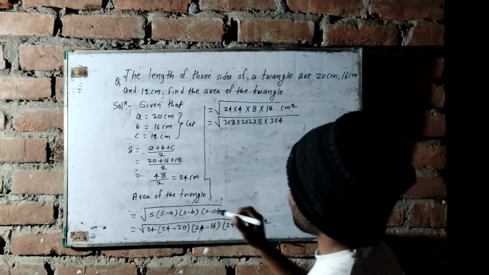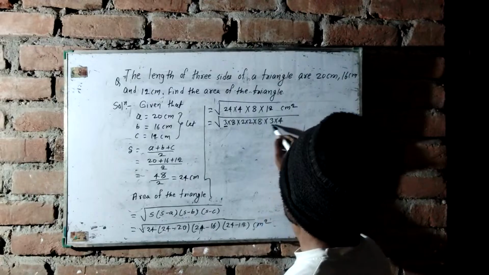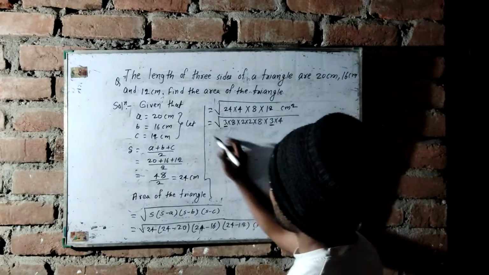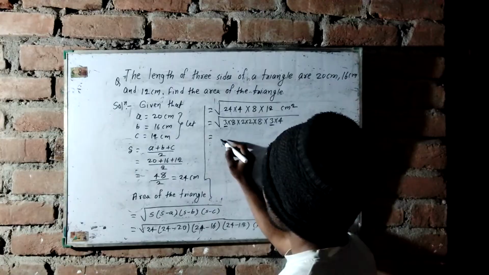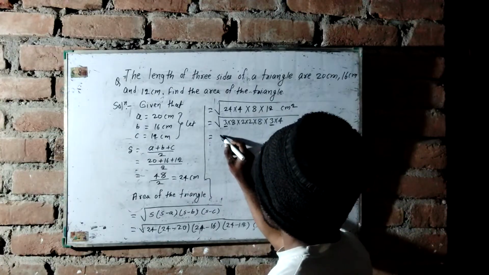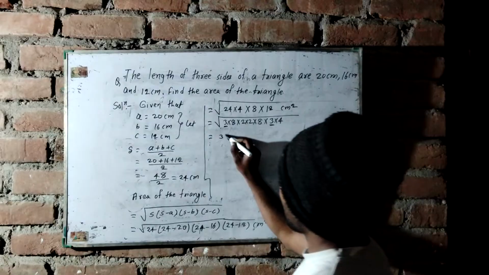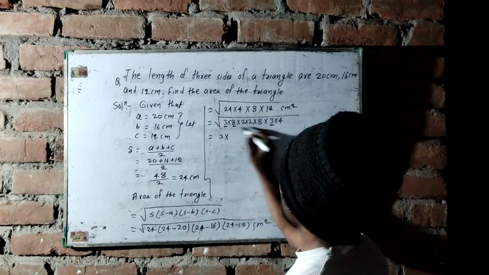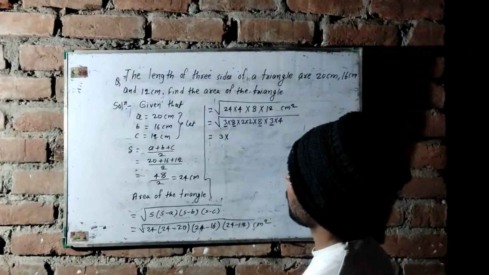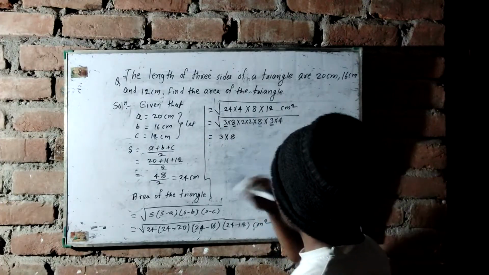Okay, now you can see here 3 and 3 make a pair, so we can write only one 3 here.